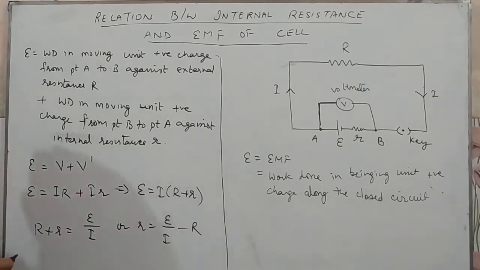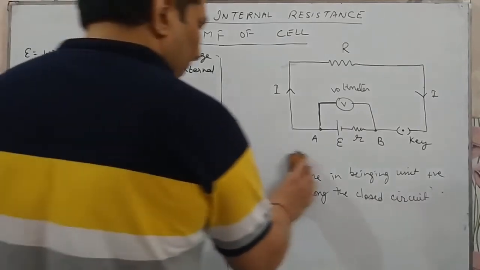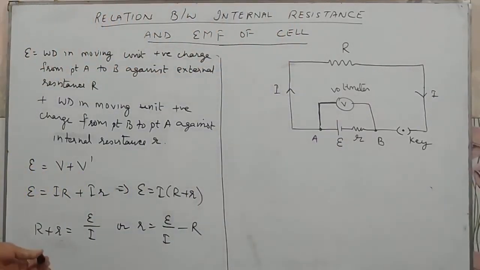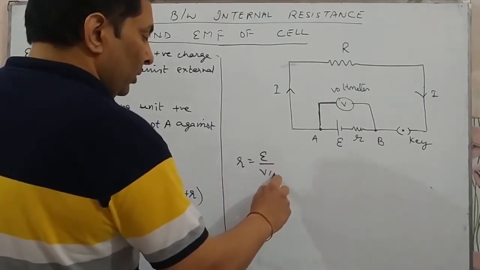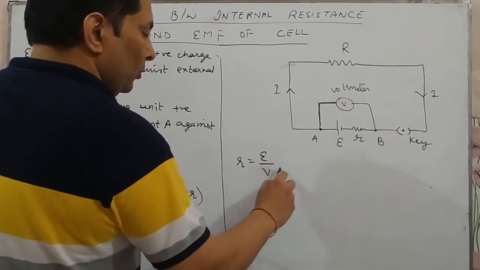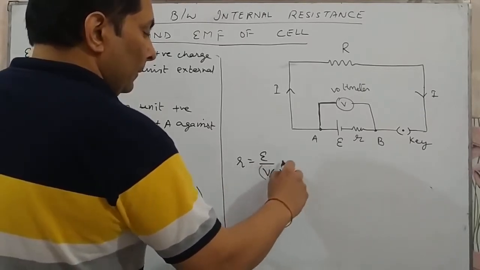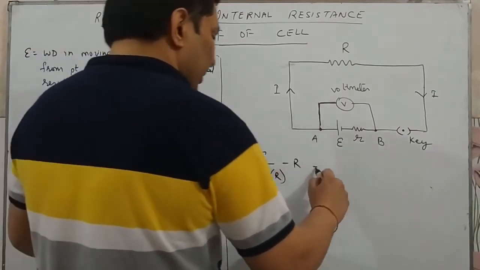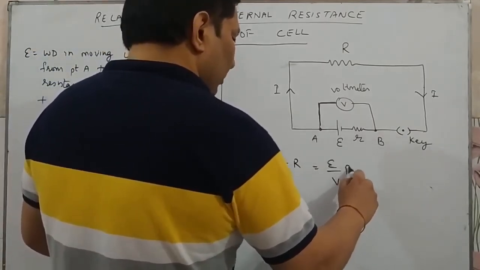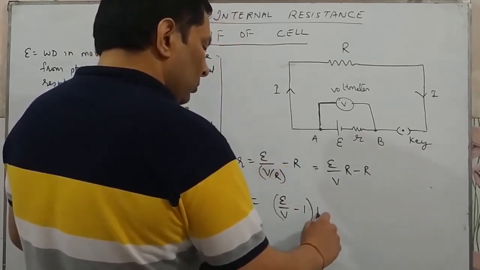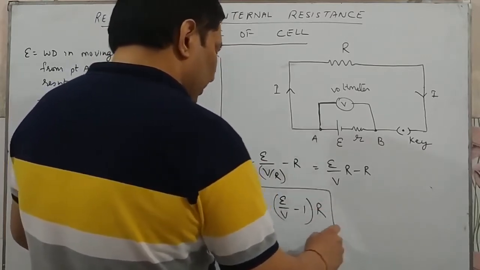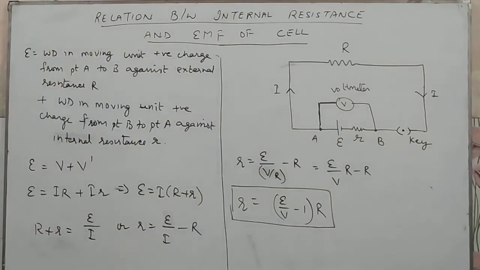We have small r equals E upon I. That means we can write V upon R minus R. So this can be written as E upon V multiplied with R minus R. So the result is small r equals E upon V minus 1, into capital R. And this is the relation between the small internal resistance and the EMF.